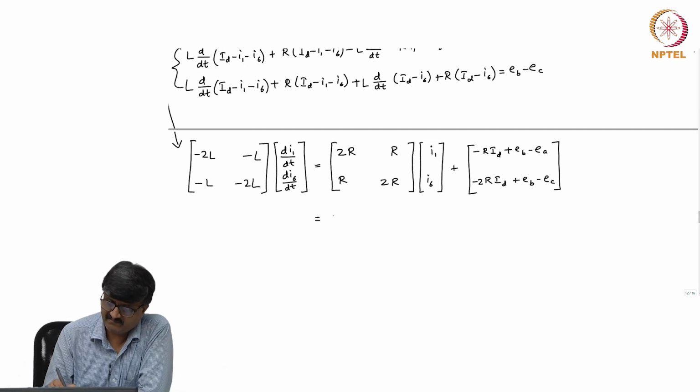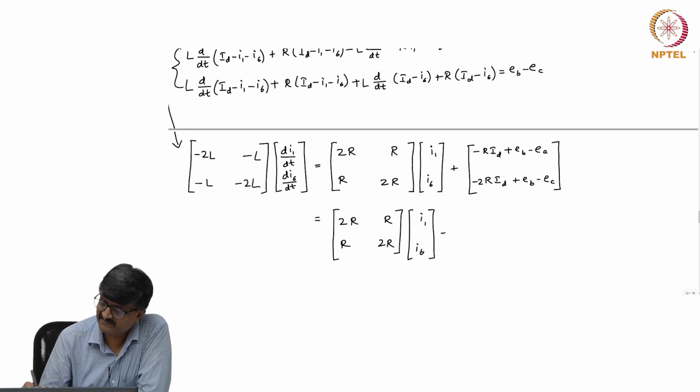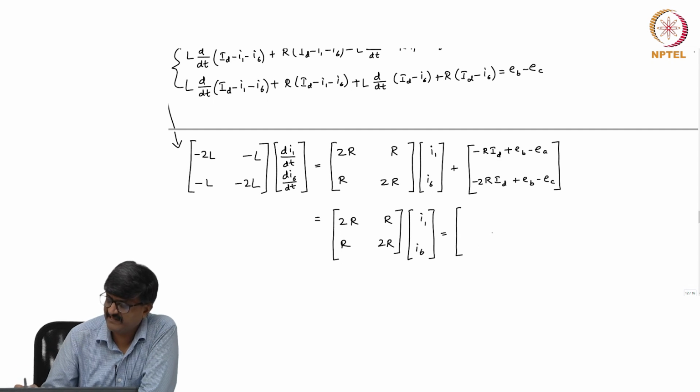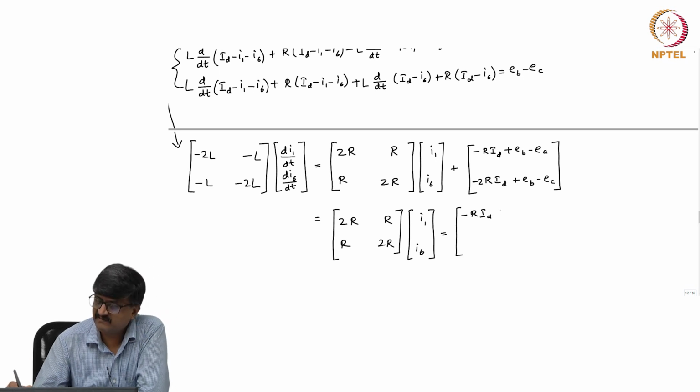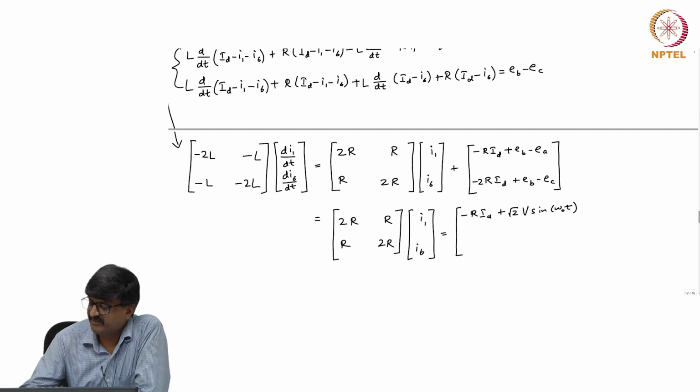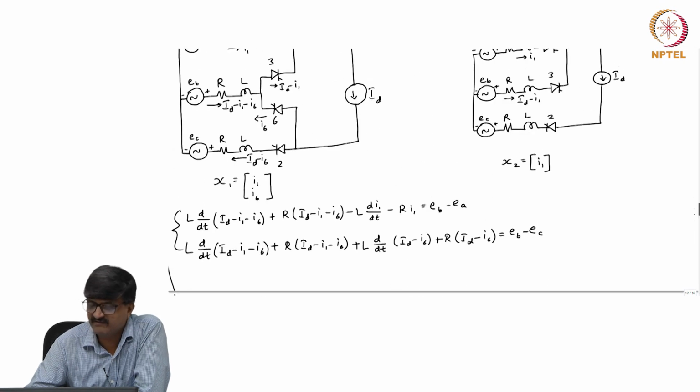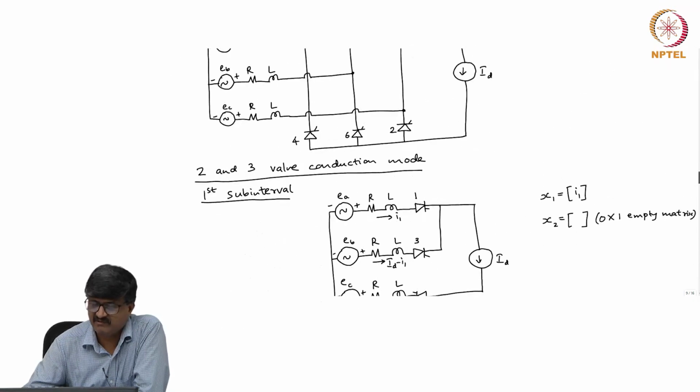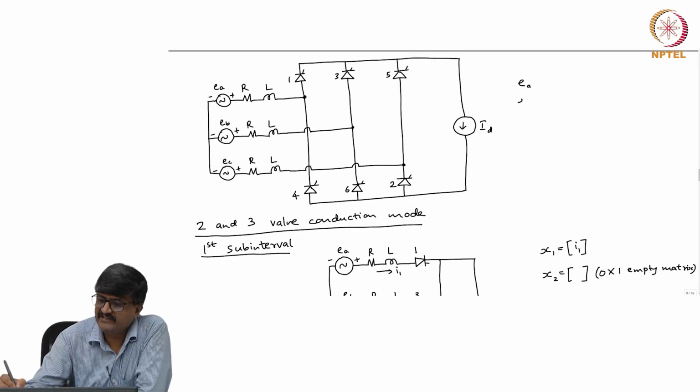So I can write the right hand side as the matrix 2R, R, R, 2R times I1, I6, and after substituting for EA and EB, I get minus R ID plus EB minus EA, which is root 2 V sin omega O t. Of course, I have been using the same expressions for EA, EB and EC which I used even for the simpler case of zero resistance.